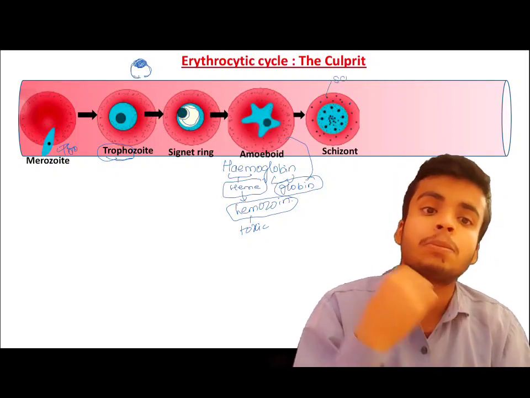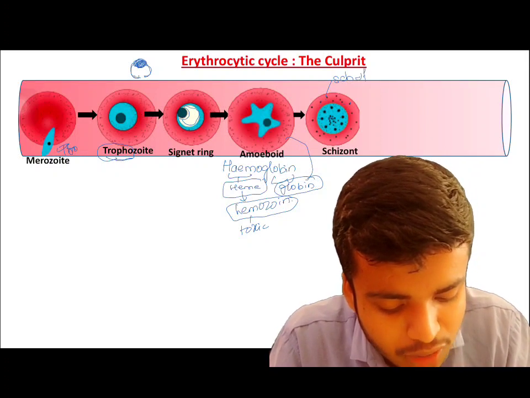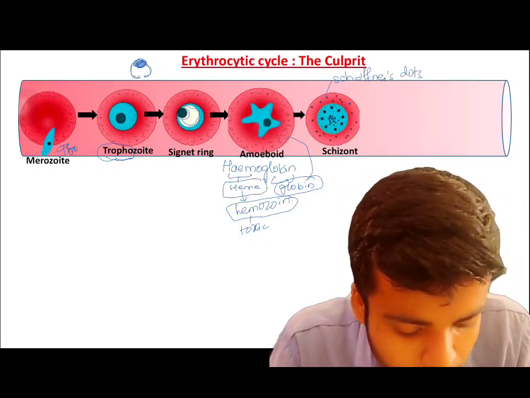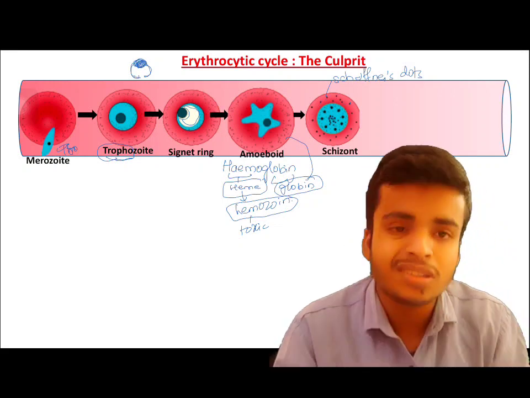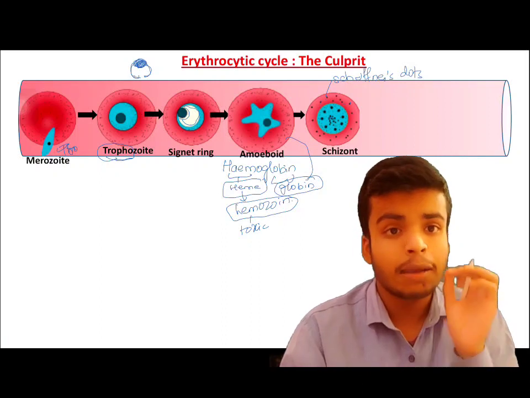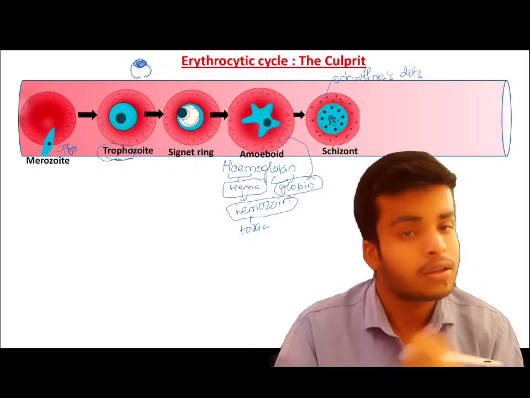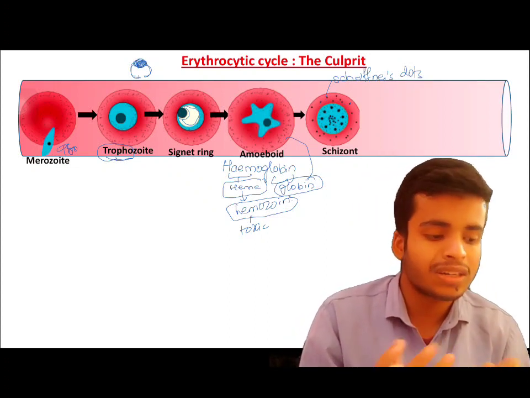In case of Plasmodium ovale, James's dots. Here we will consider this as Schüffner's dots in case of Plasmodium vivax.